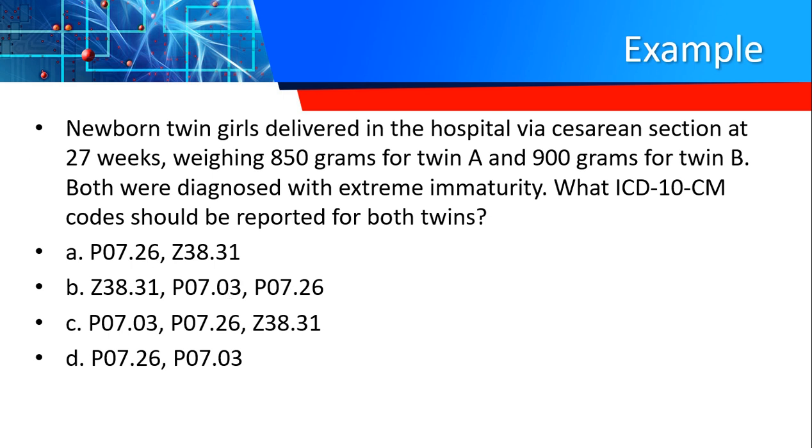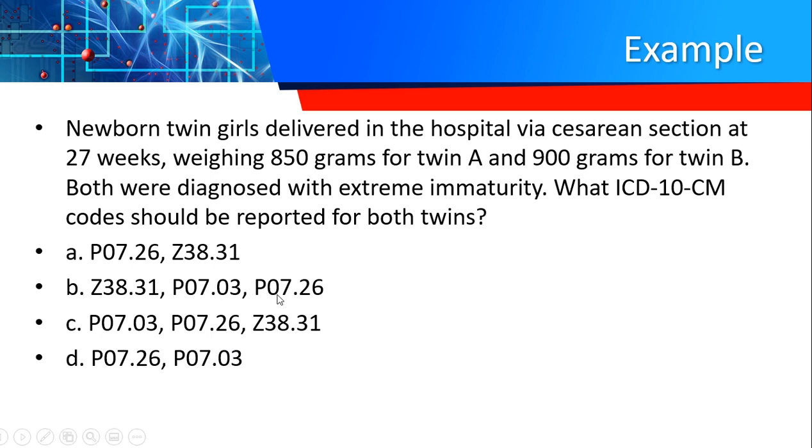So if 0.03 should come first, you are going to eliminate letter D as well, because this is the gestation and this is the weight. Now, as per our guideline a while ago, you need to code first for the weight.